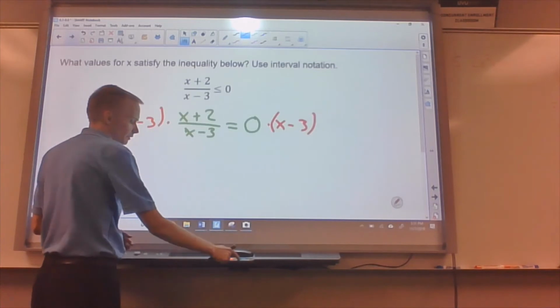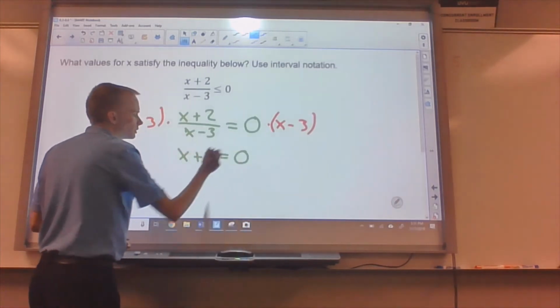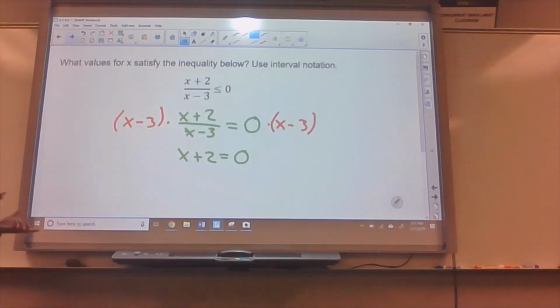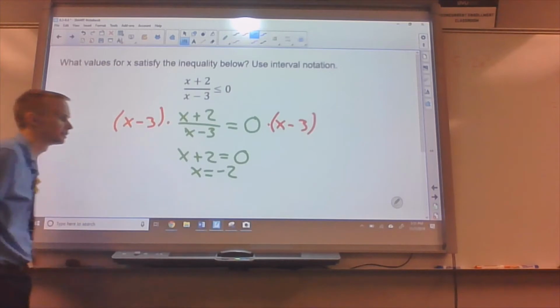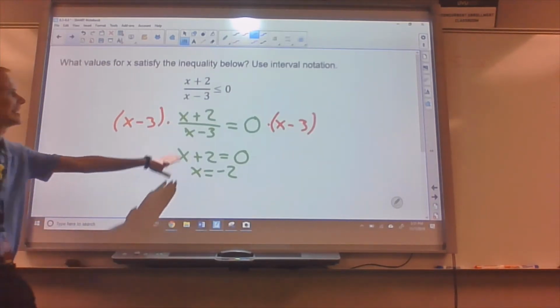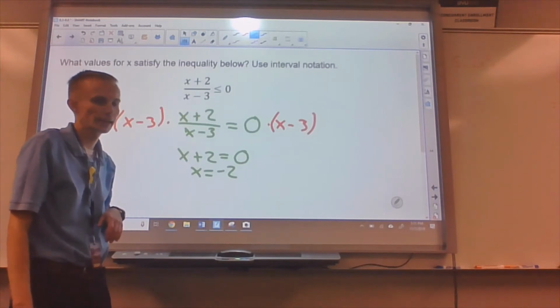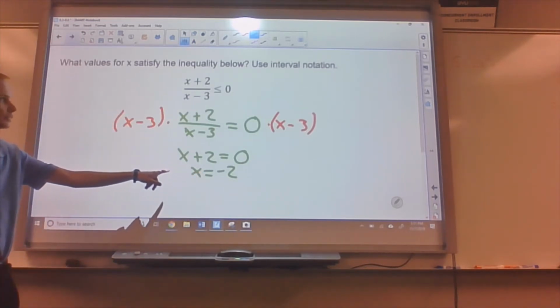So I would get x plus 2 equals 0. Or in other words, x equals -2. Okay? So this is where it equals 0. And that's the place it could change.